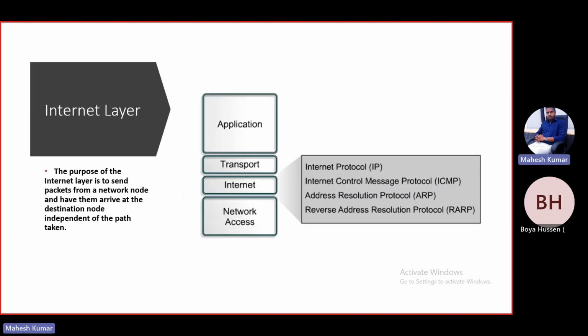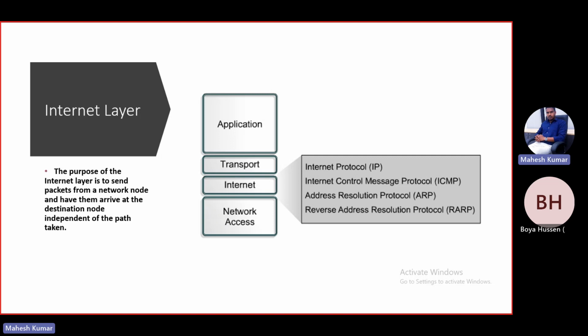Now the internet layer. The purpose of the internet layer is to send packets from a network node and have them arrive at the destination node independent of the path taken. So there is IP, the Internet Protocol, and the Internet Control Message Protocol, that is ICMP. For reachability purposes we are pinging, like ping 10.0.0.1. This works under ICMP.